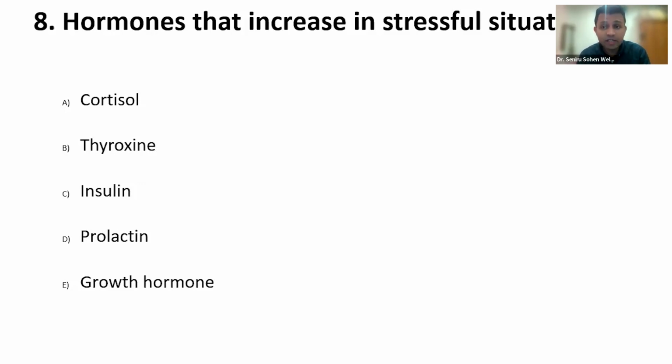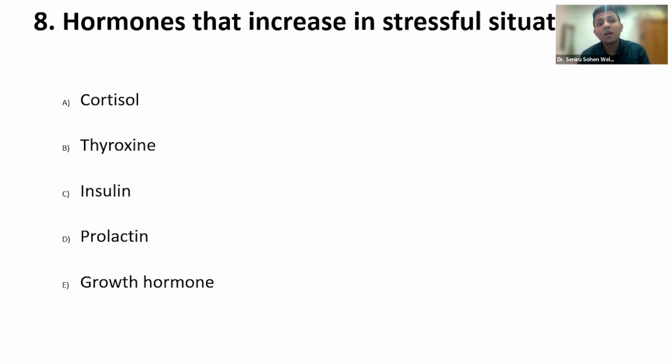Insulin is wrong. It's an anabolic hormone that results in your glucose being stored in all your unnecessary tissues. It is false because in stressful situations, hormones like glucagon will be more prominent rather than insulin. Prolactin, yes, due to physiological as well as emotional stresses, your prolactin level will increase.